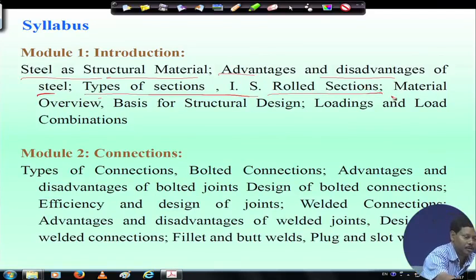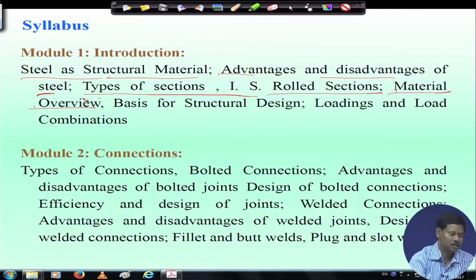Then we will go for a material overview, means how the steel behaves with increase of load, how stress-strain varies in case of steel, and how the mechanical properties are dependent on the chemical properties of the steel.